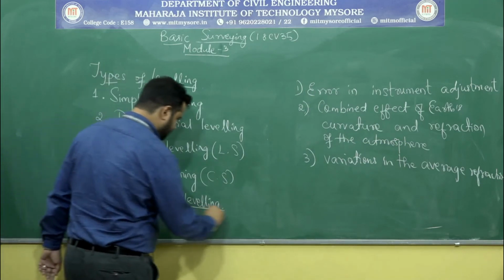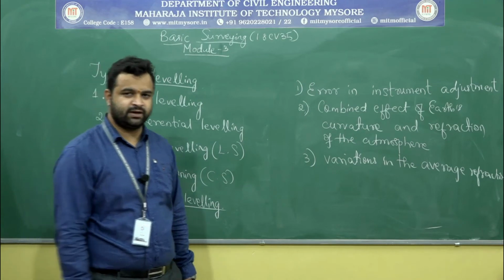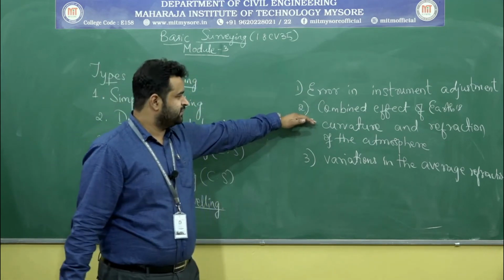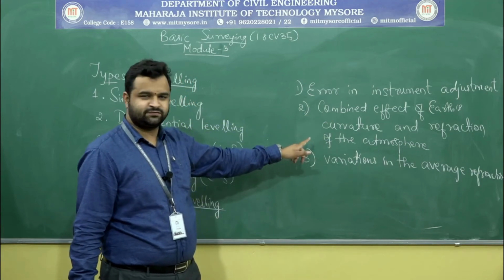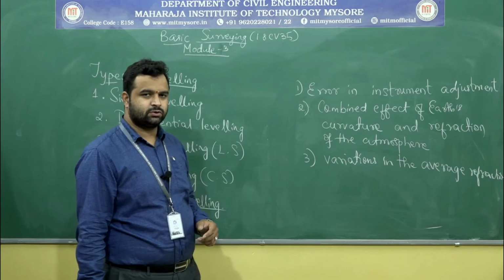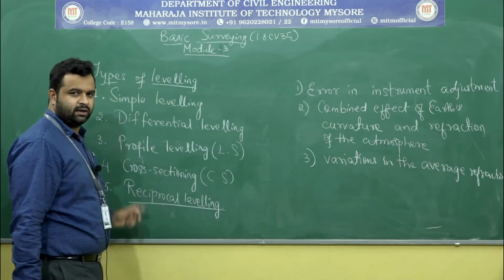So, this reciprocal leveling is used to eliminate error in instrument adjustment, the combined effect of Earth's curvature and refraction of the atmosphere, and variations in the average refraction. So, these are eliminated using reciprocal leveling.